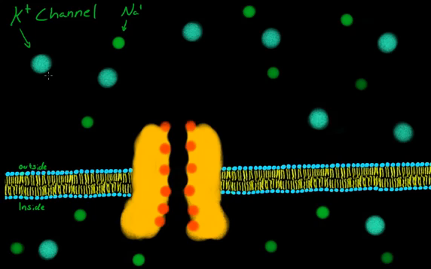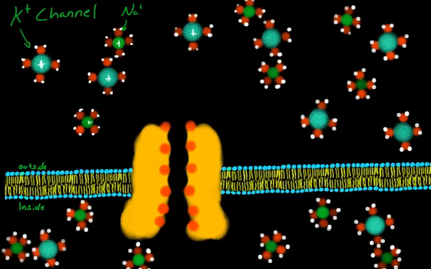You gotta remember that these are charged particles, so they are positively charged. And what are they floating around in? Well, they're actually floating around in water, so we need to add water to these. Now we have water added to them.